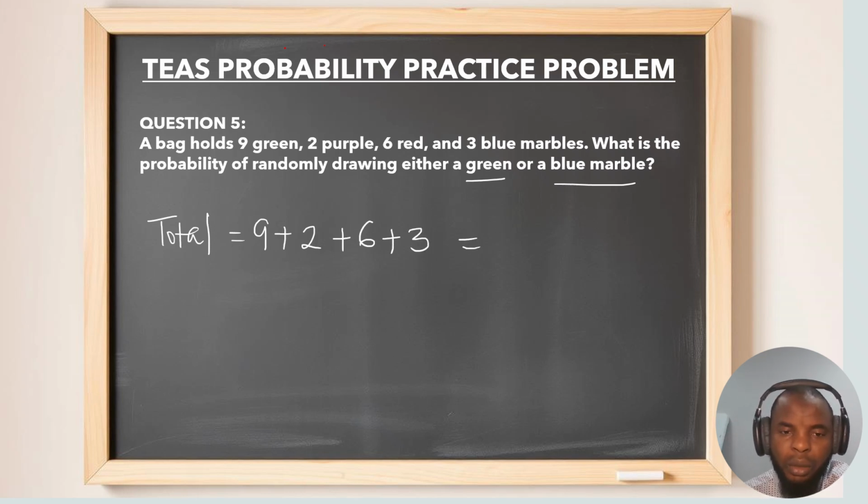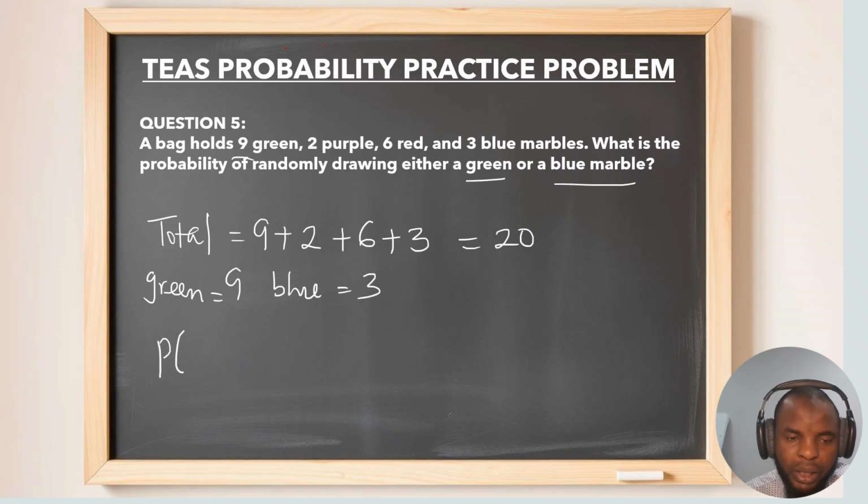If you add this up, this is going to be 20. Now it says, what is the probability of randomly drawing a green or a blue marble? For the green, we have 9. And we have our blue to be 3.